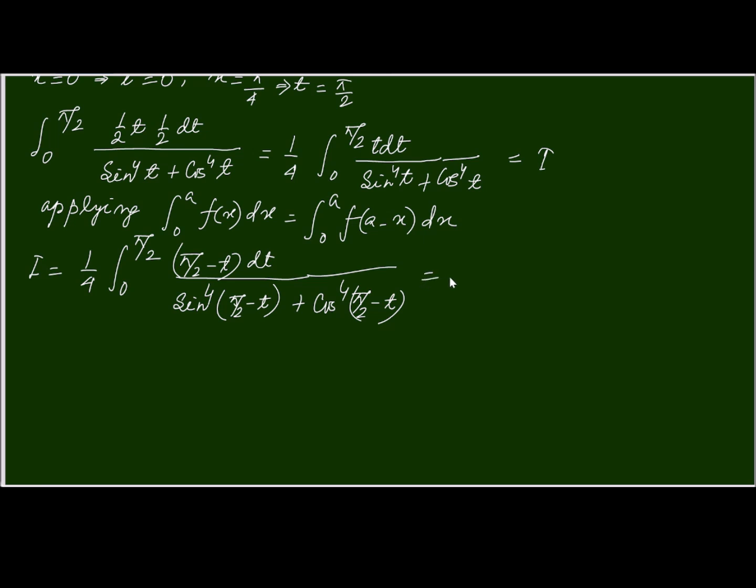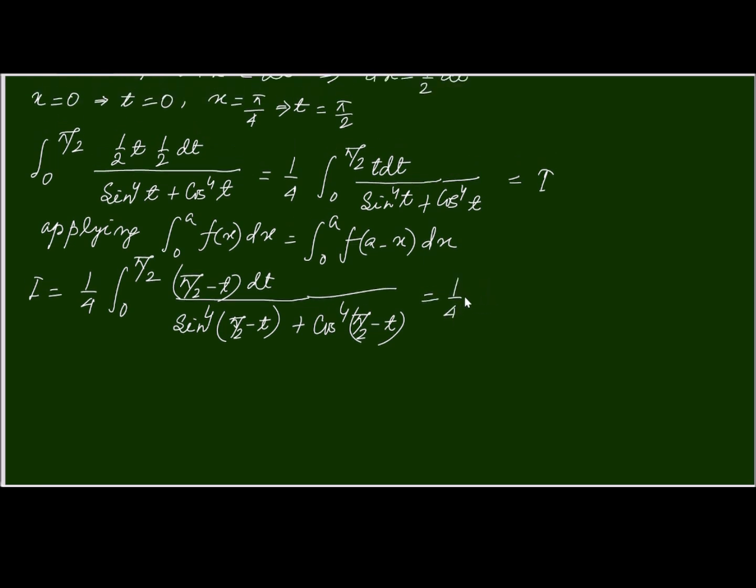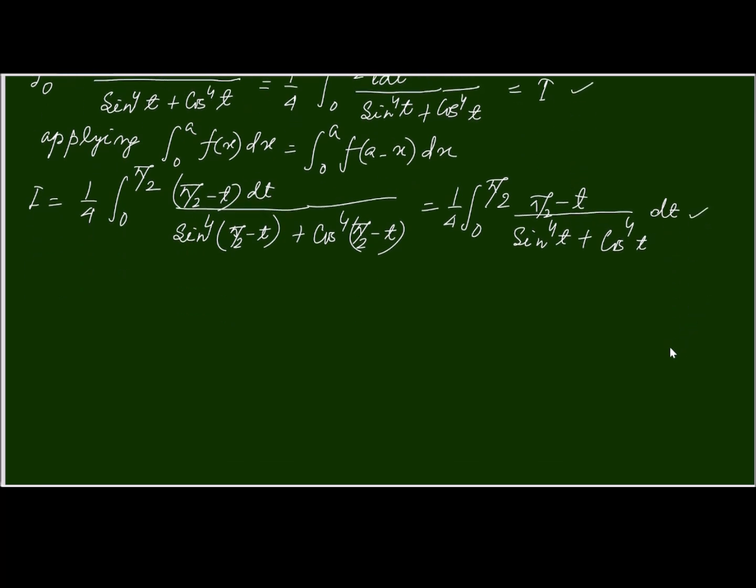So this is nothing but 1 by 4, pi by 2 minus t, and the denominator will be the same. First will be converted to cos power 4t, the second will be sine. So this was the integral, and the same integral we are getting here.